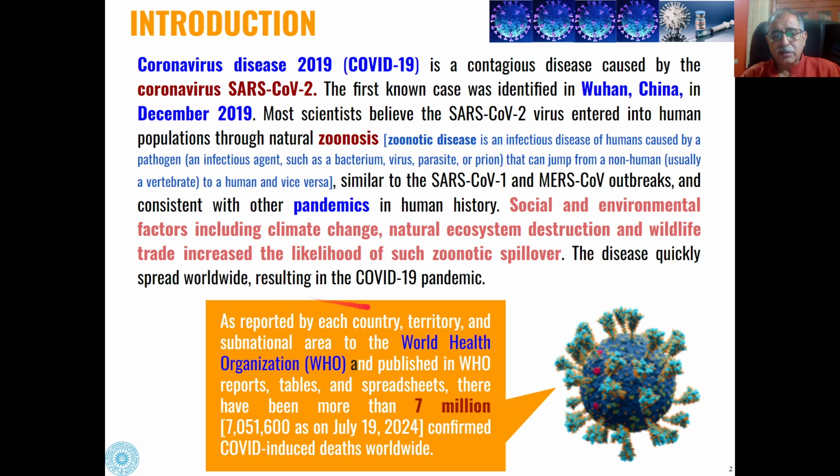The extent of this disease had such a huge impact on our life that WHO ultimately declared it a pandemic. And till date, in July 24, more than 7 million people have lost their lives due to this disease or pandemic.